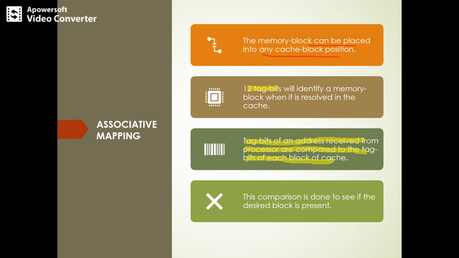When the comparison is matched, at that instant the respective block can be mapped into the respective block of the cache. So in the case of associative mapping, we have to compare the tag bits.